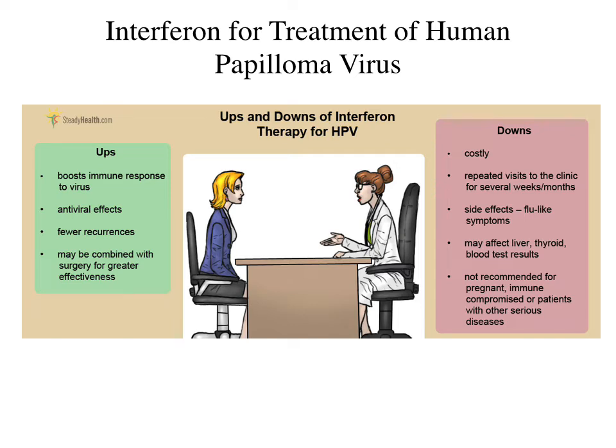Now, interferon is used for the treatment of human papillomavirus. HPV is a common condition that often manifests as warts in various parts of the body. There are many ways to treat warts, including the use of immune response modulating drugs such as interferons. Interferon alpha is injected into the base of the wart using a small needle.